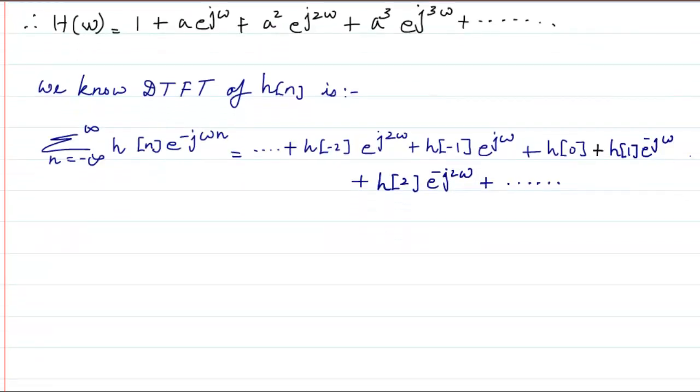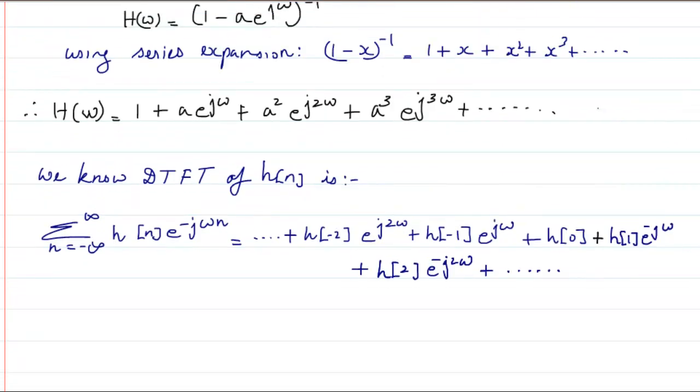Now if I am trying to compare this equation with this equation, then what do you see? We see that this is existing from 1 and j omega, twice omega, 3 omega, that is actually meeting here. You can see this starting from h of 0, then here e raised to power j omega is there, here e raised to power j twice omega is there, then after that 3 times omega will come.